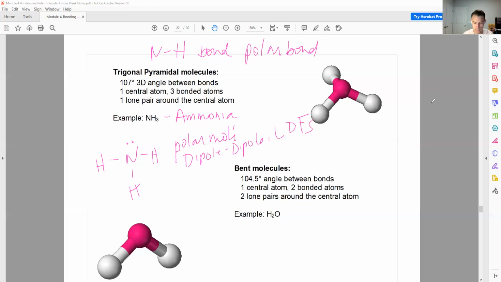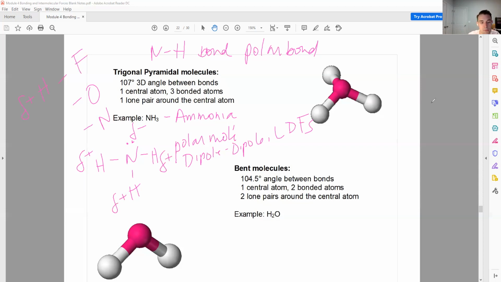And then what about hydrogen bonding? Remember, hydrogen bonding is when a partially positive hydrogen bonds to a fluorine, oxygen, or nitrogen. Well, the nitrogen is partially negative. That's the more electronegative. It makes these hydrogens partially positive.